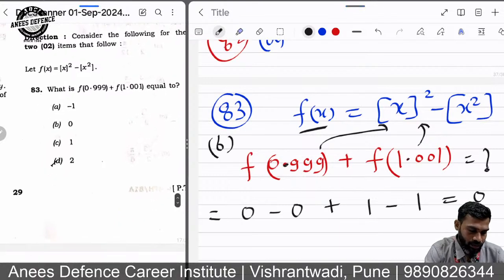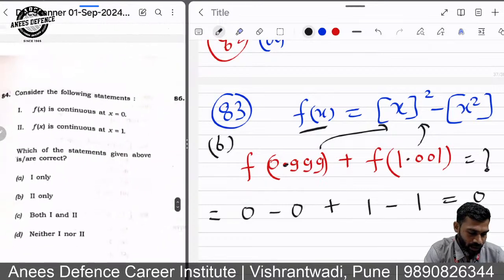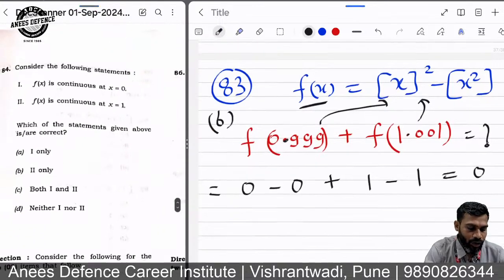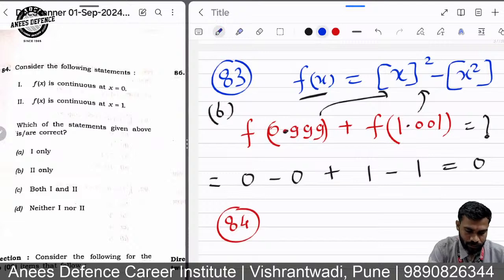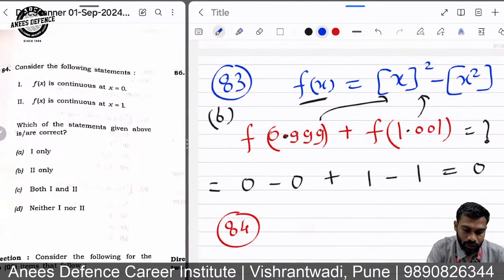Okay, next. Now we have to find out the continuity of this function at x is equal to 0 and 1. So see, question number 84. Continuity of the function at x is equal to 0.